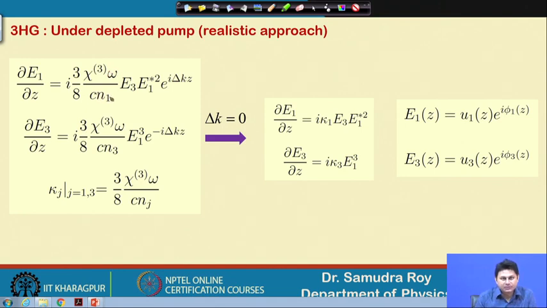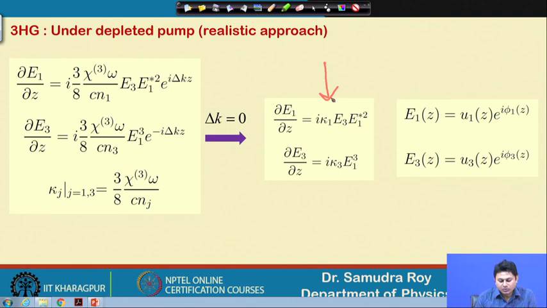This is a constant term. So, we replace this constant term with a smaller coefficient called kappa 1 and kappa 3. This is also a coupling coefficient, because it couples one field to another one.